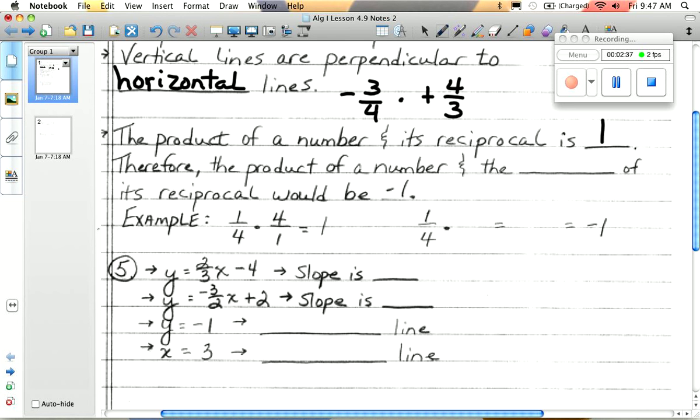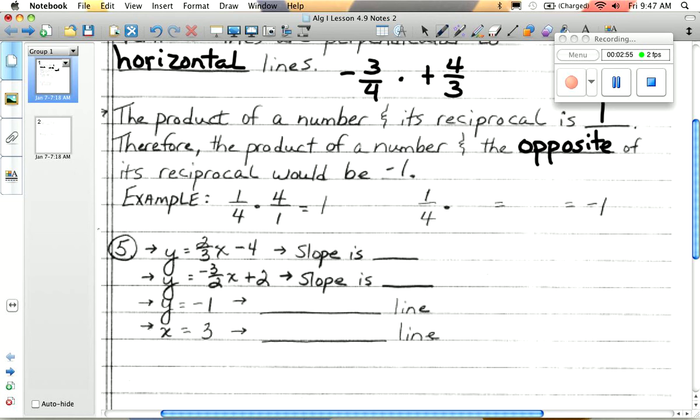So if we made this positive, a number and the opposite of its reciprocal. So instead of its reciprocal, the opposite of its reciprocal would give -1. So I have a little example here for us. 1/4 times 4/1. 1/4 is the number, 4/1 is its reciprocal.